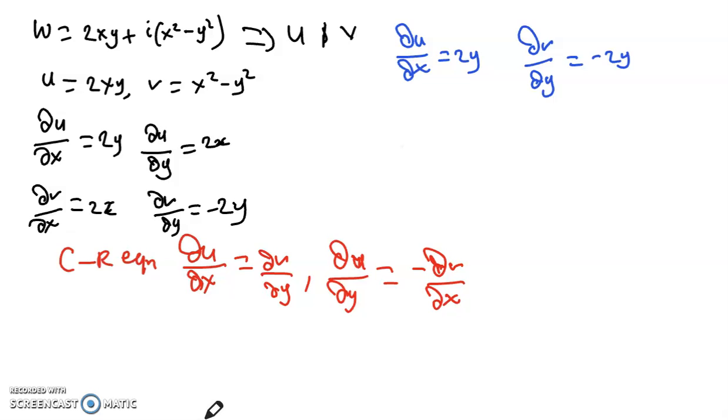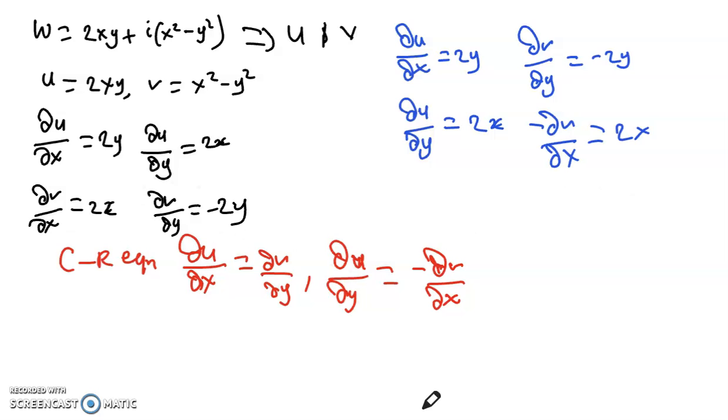And then we also differentiated dou u with respect to y, dou u dou y, and we got 2x. And then we come back and differentiate negative dou v with respect to x, and what do we get there? We get 2x.